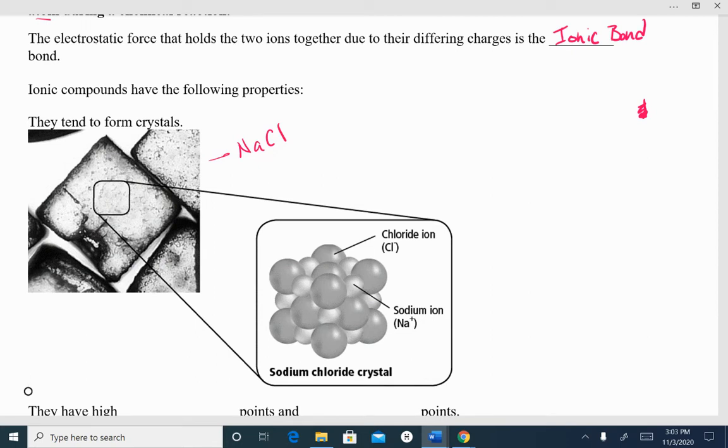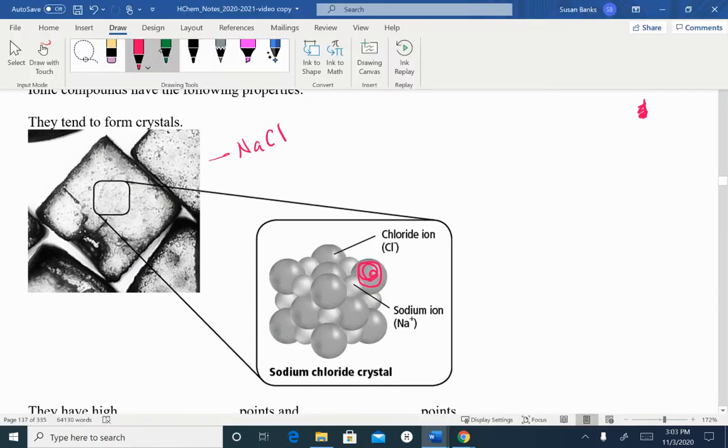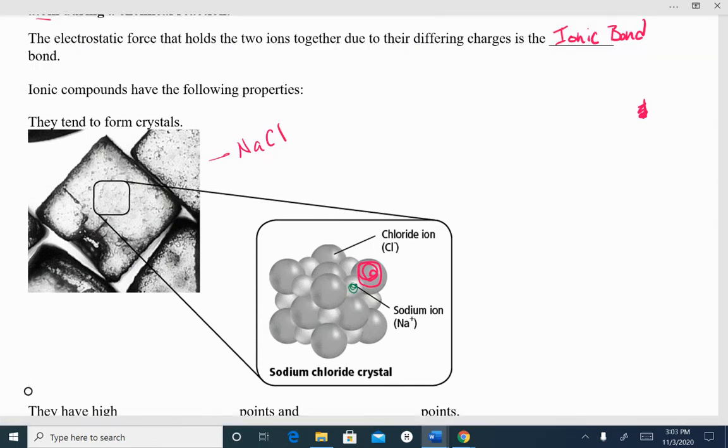So the chloride ions are these large ones on the ends, and the sodium ions are these little tiny ones in the middle. Okay? Notice that we have a perfect cube going on here.